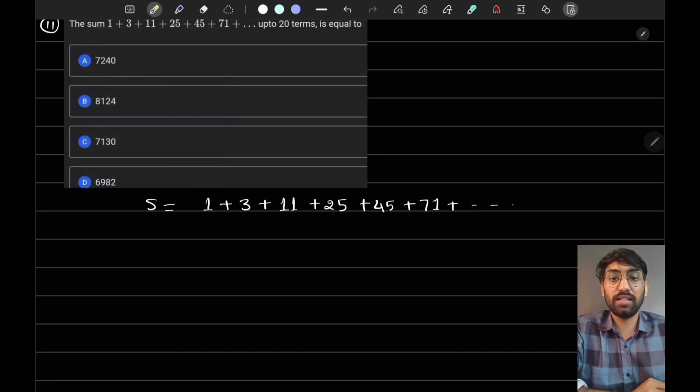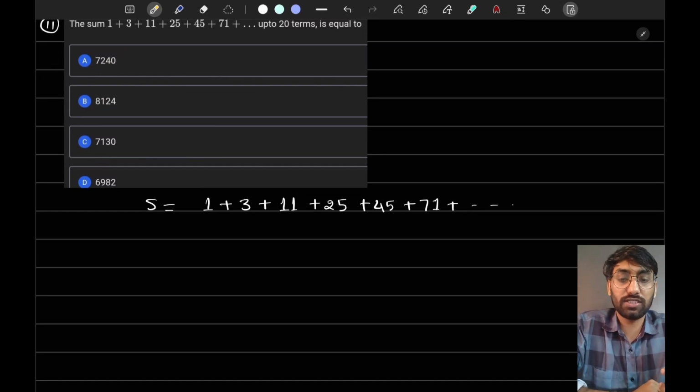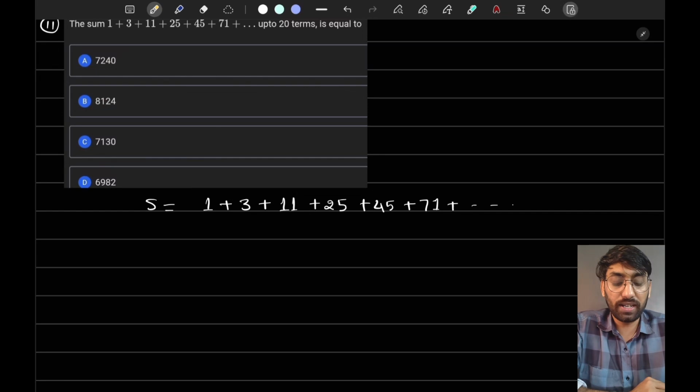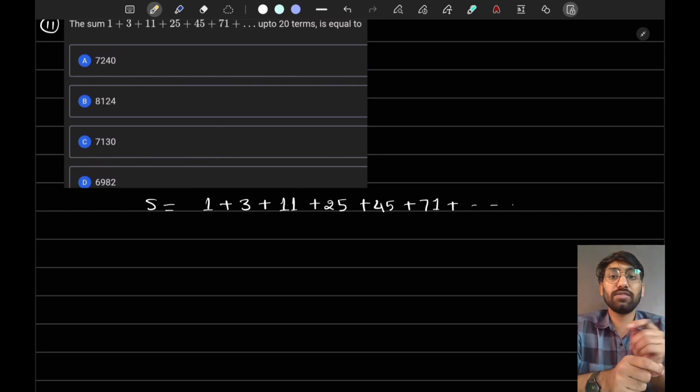So I will check whether this given sequence is in AP or not. If not, then I will move further to geometric progression. Whether it is geometric progression or not. If not, then I will go for AGP. AGP also not means, after that I will see the difference between two consecutive terms from forward to backward direction.